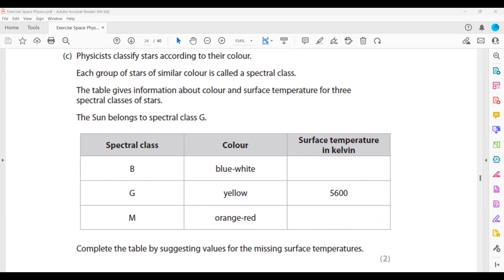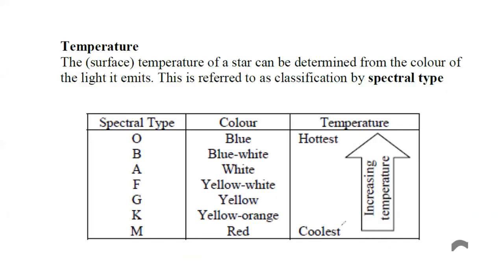So if you memorize a spectral class, it's fine. It's a good thing that you have understood. Here you can see the temperatures are not given. So same thing, if I say in this table I have a star which is yellow in color, which is 5,600 Kelvin, and I say predict the temperature of a star which is blue-white, it should be more than 5,600.